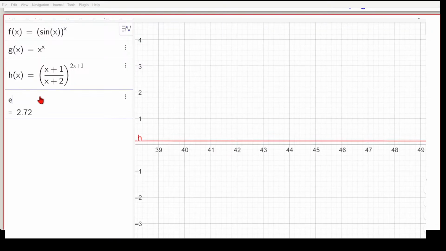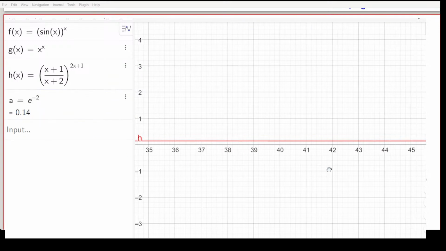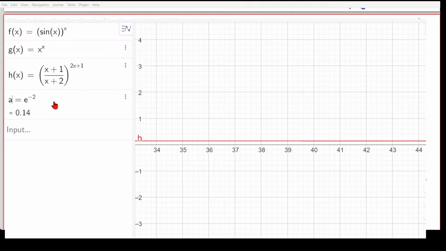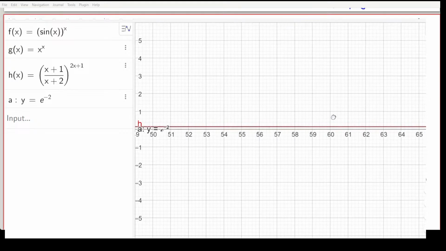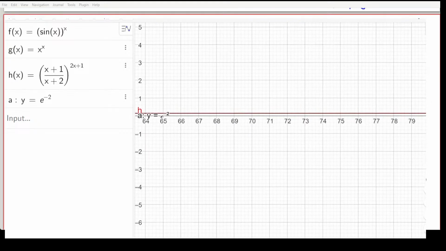So let's say I write it as e to the power minus 2. Let's say y equals e to the power minus 2. There is this line, right? Can you see this graph is not going below that line? This graph is actually not going below the line, right?